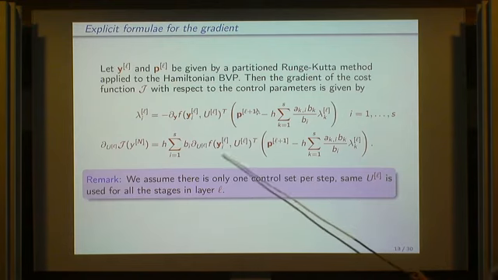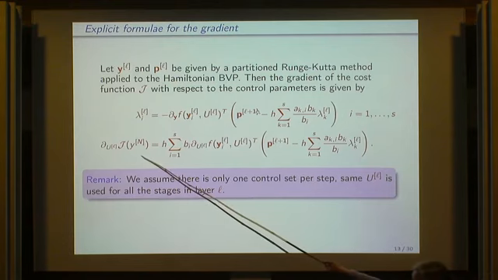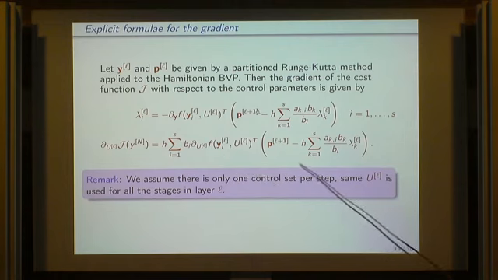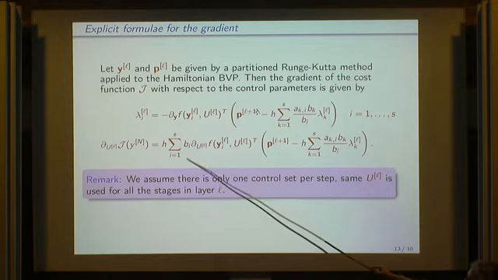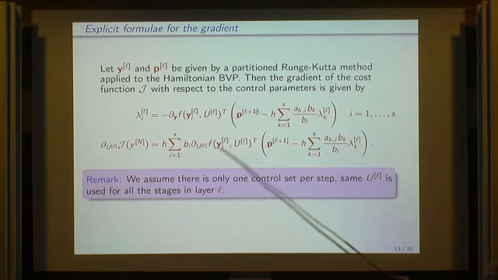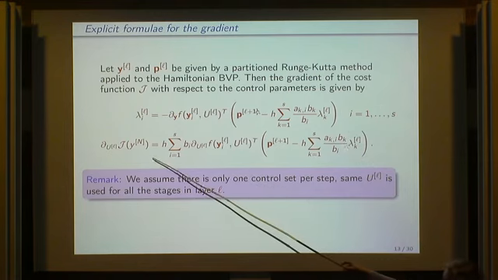So out of this little theorem, what you can get is in fact explicit formulas for the gradients of the cost function with respect to the parameters. And these are given in terms of quantities which arise naturally in the Runge-Kutta method. So if you apply your partitioned Runge-Kutta method, then you get some building blocks that you can put together, and with the correct formulas you get the gradients out.